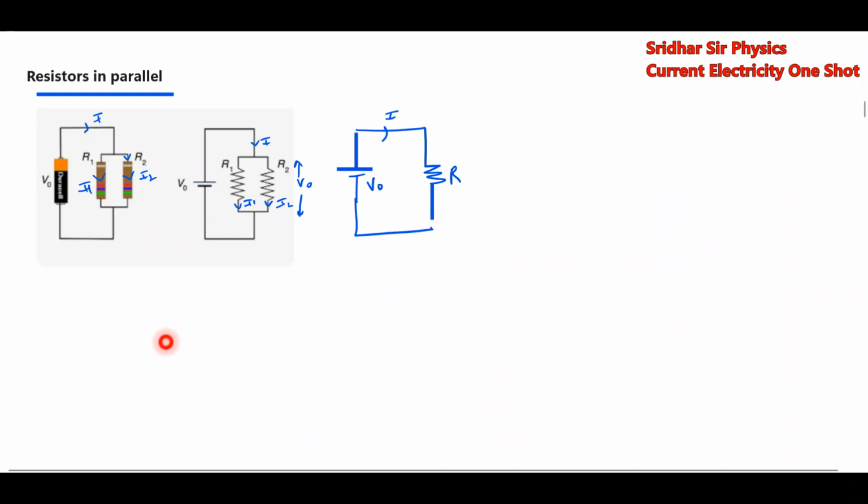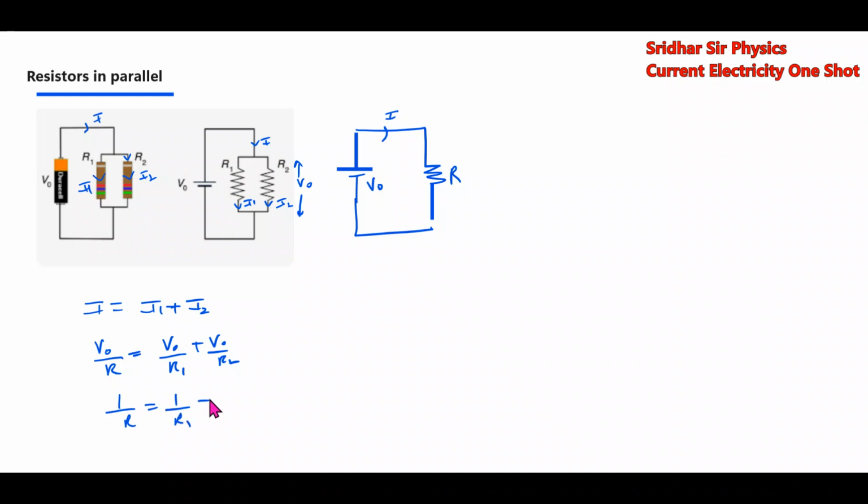Then the effective resistance is defined as follows. I equal to I1 plus I2. What is I? I is equal to V naught by R. Applying Ohm's law, I1 equal to V naught by R1, and I2 equal to V naught by R2. So when two resistors are in parallel, the effective resistance is given by 1 by R1 plus 1 by R2.